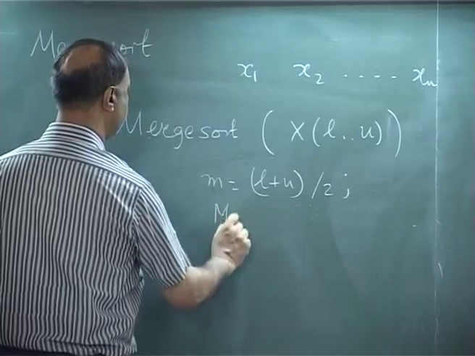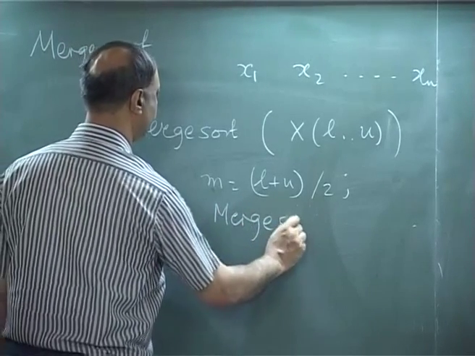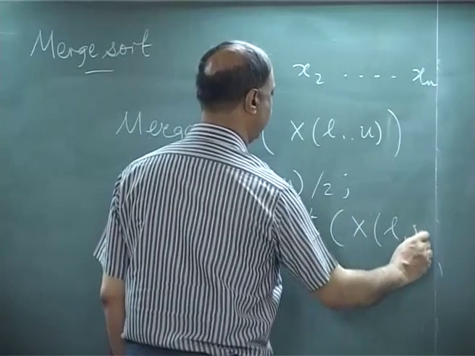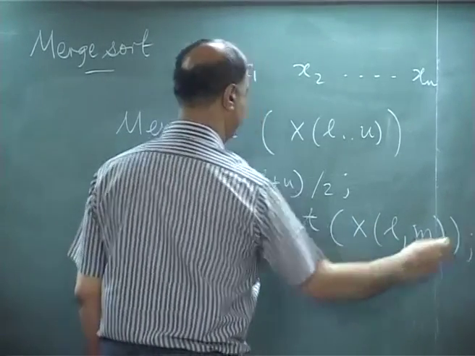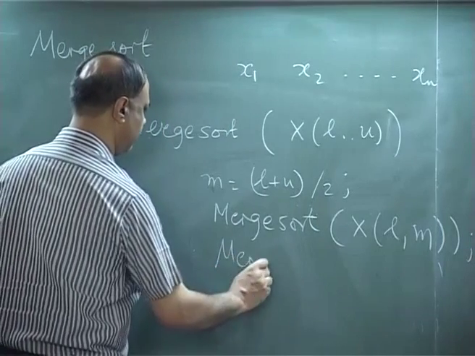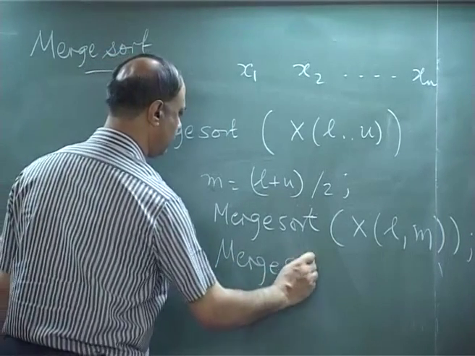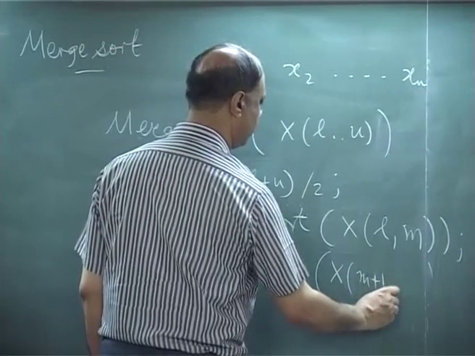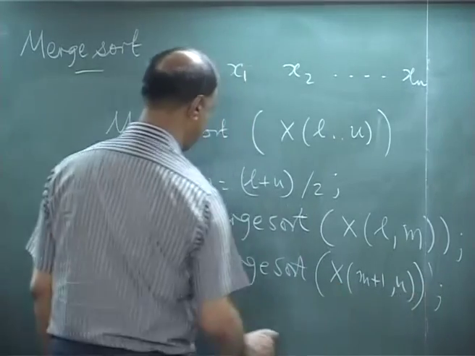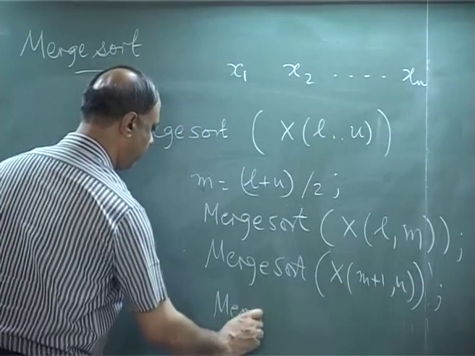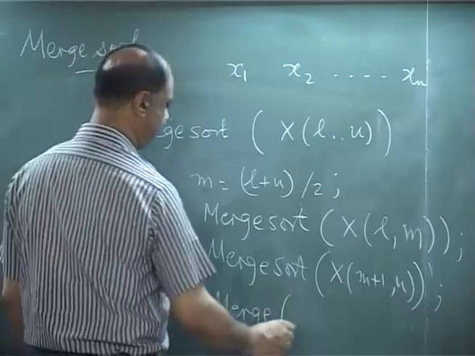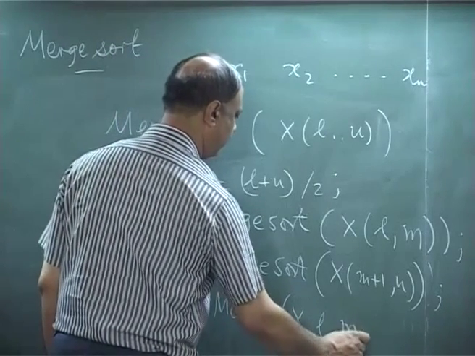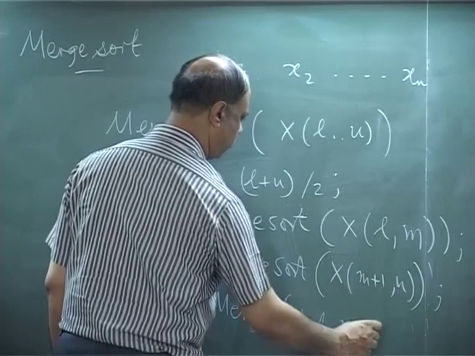Then you write merge sort x L m, merge sort x m plus 1 u. Then you have merge x L m plus 1 u.